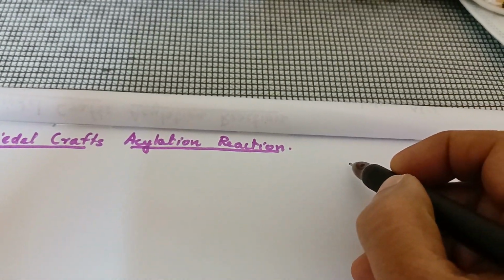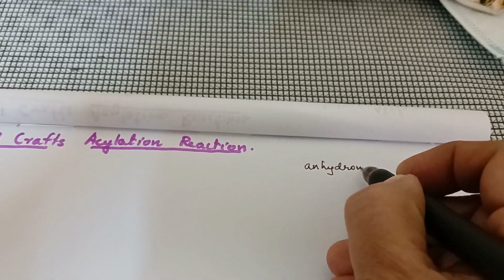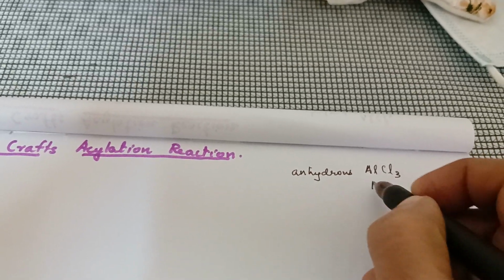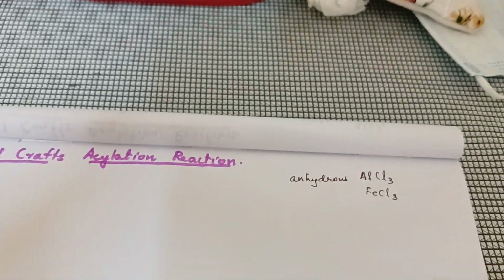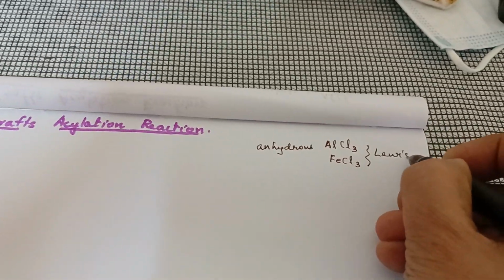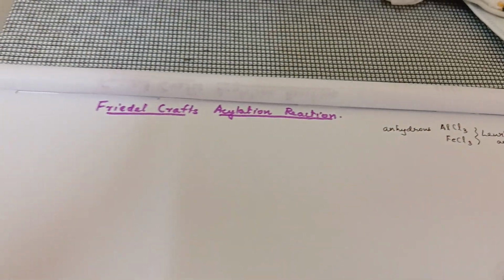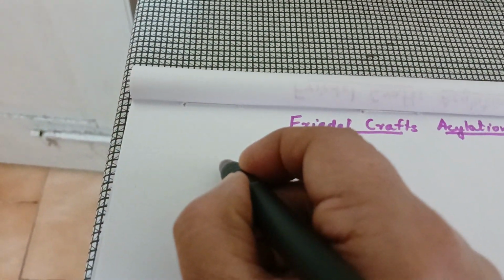So the catalyst you are using is anhydrous AlCl3, or you can use FeCl3 also, but better results with AlCl3. Both these are Lewis acids, that is, they are electron deficient. Now you can represent the Friedel-Crafts reaction like this.